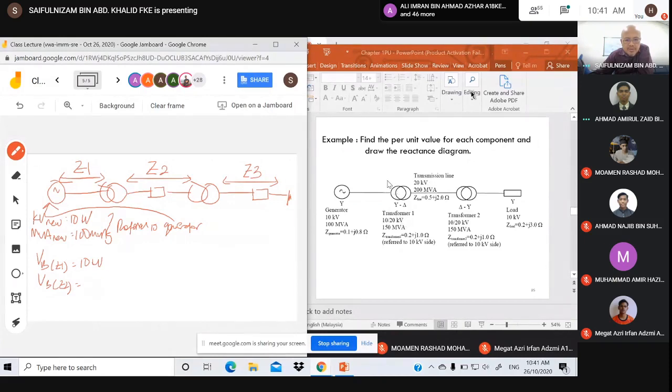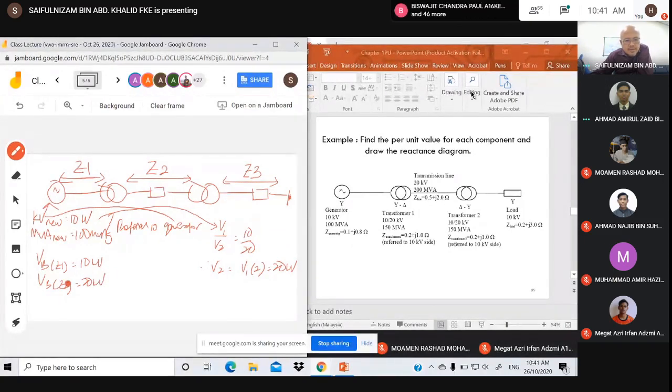V1 is 10 kV, already known, so you find V2. V2 equals V1 times 2, so you get 20 kV.